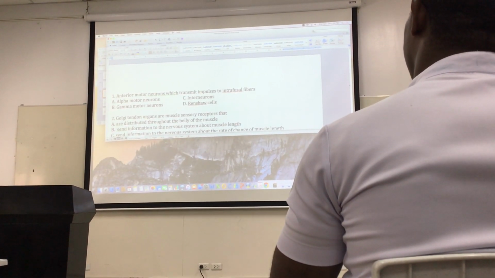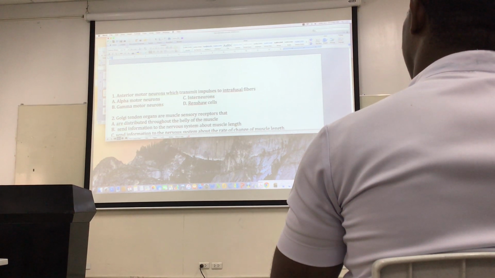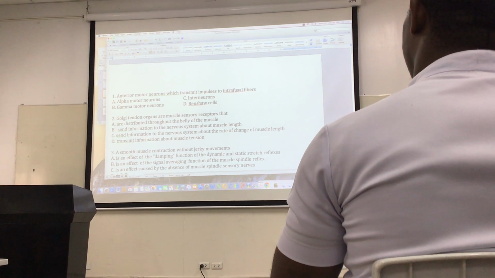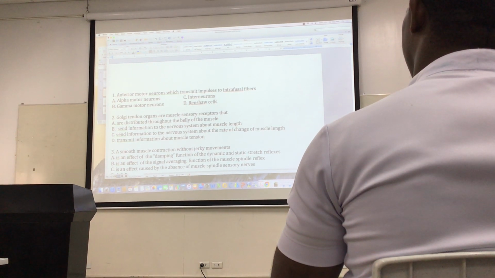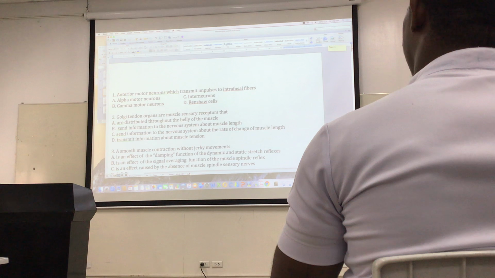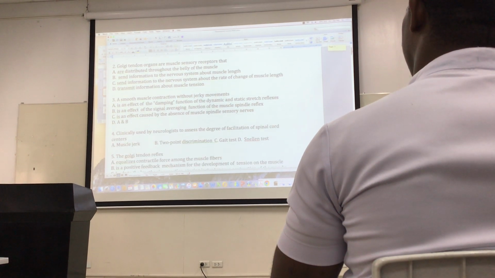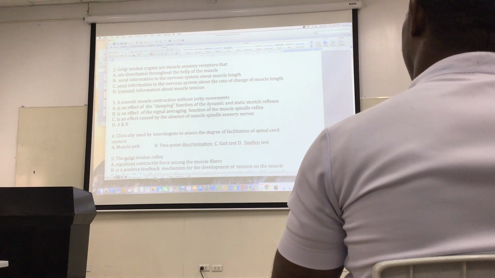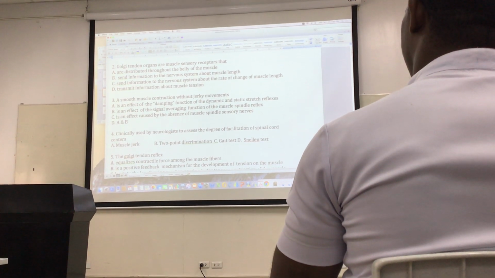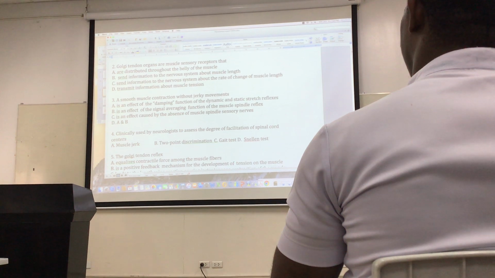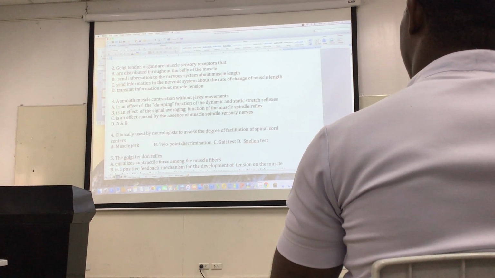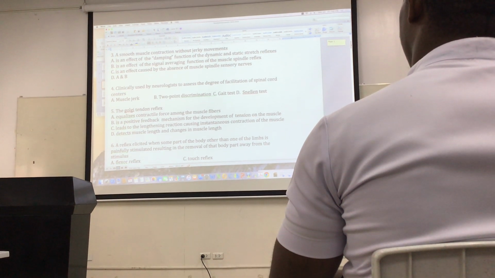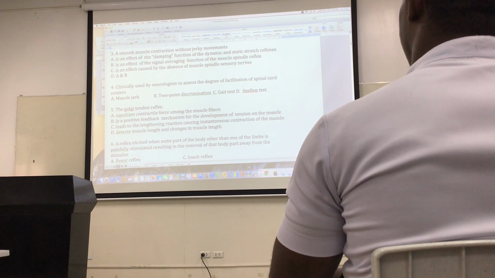Okay, number one. Anterior motor neurons which transmit impulses to intrafusal fibers, gamma motor neurons. Number two, Golgi tendon organs are muscle sensory receptors that, yes, letter D, transmit information about muscle tension, muscle contraction without jerky movements.